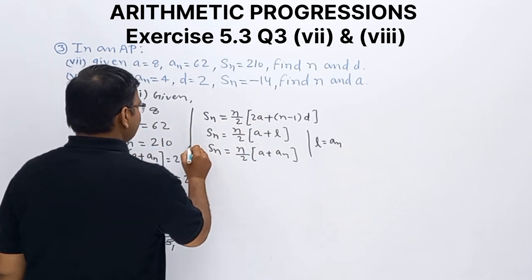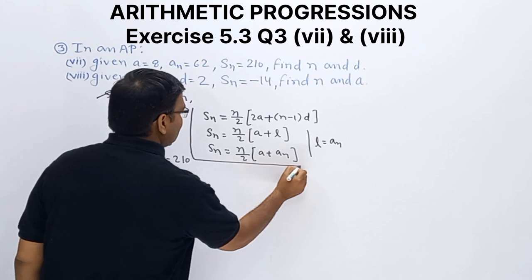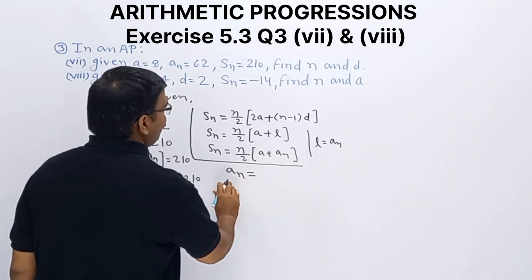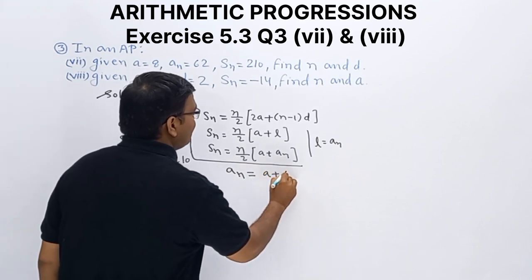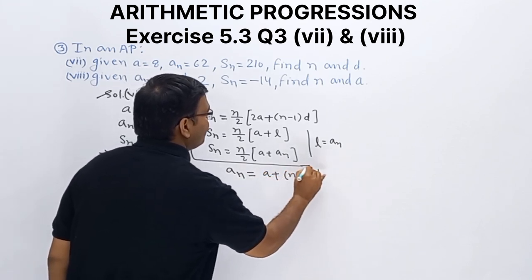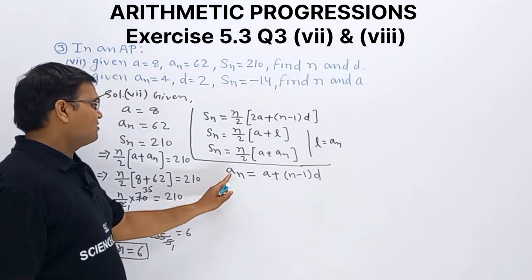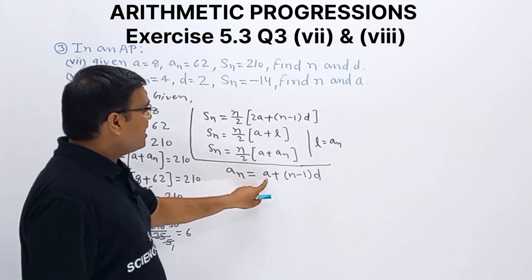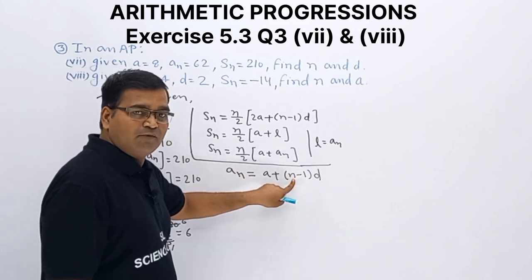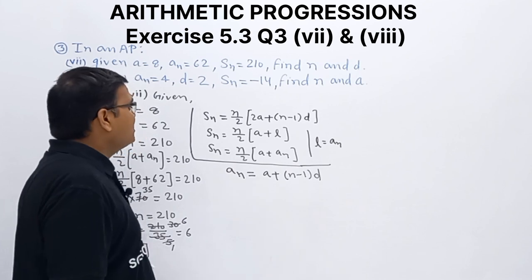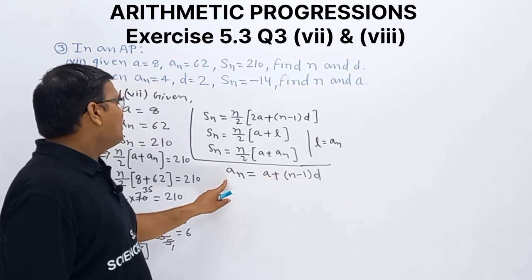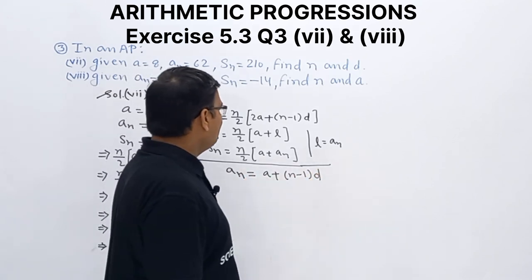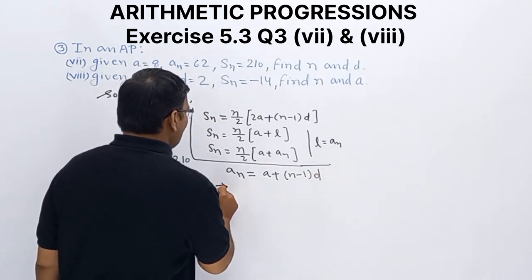We know well the nth term of an AP is A plus n minus 1 into D. We know this: An equal to A plus n minus 1 into D. We have An, we have A, we have n. We obtained the value of n, the number of terms. We require D. So by using the nth term of an AP formula, An equal to A plus n minus 1 into D, we can find the value of D.